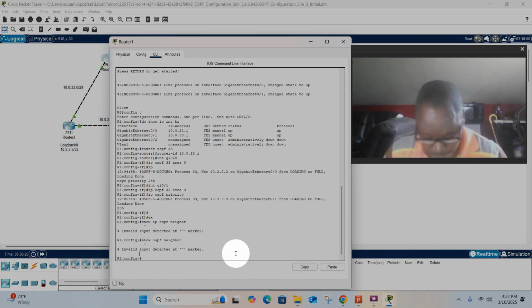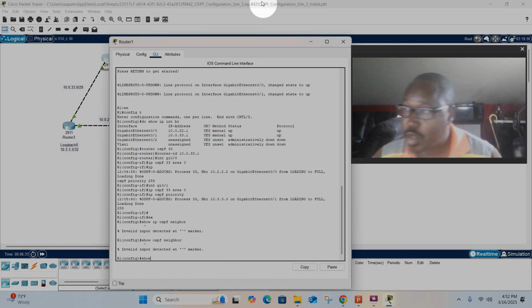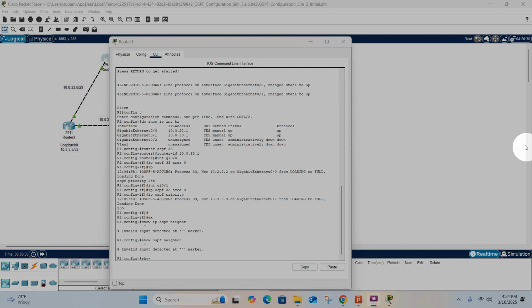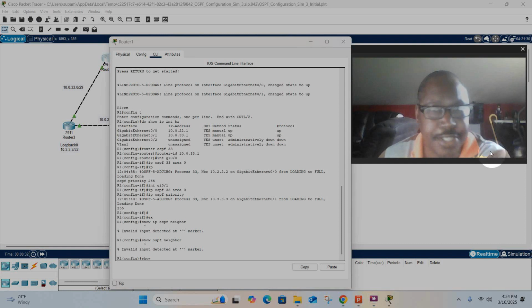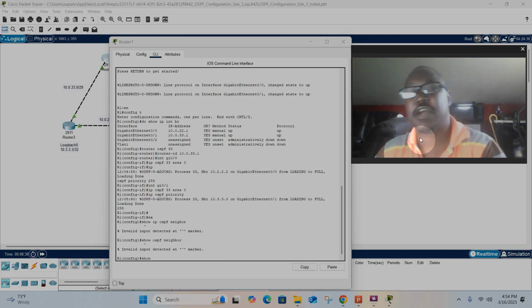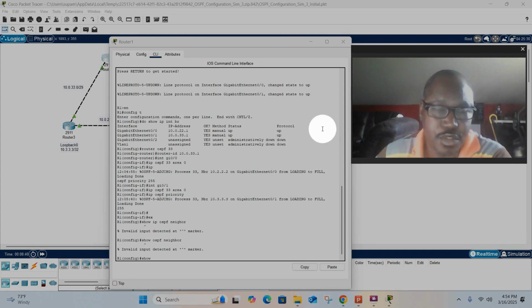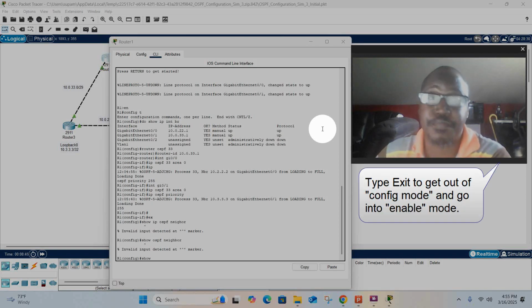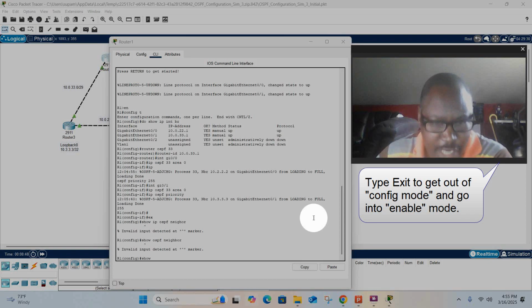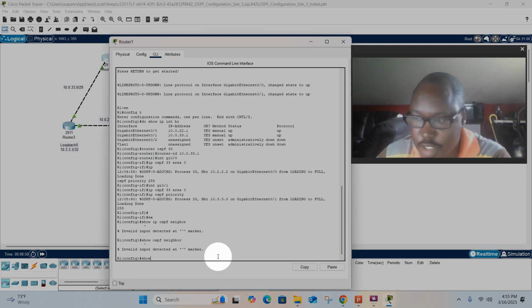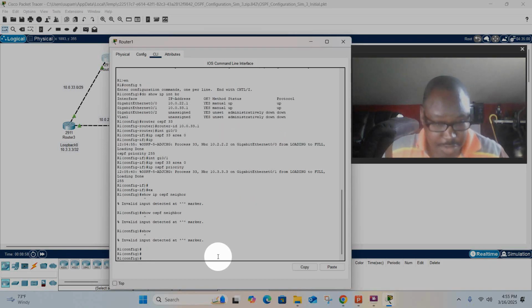I don't remember. Okay. I'm drawing a blank on this command. I'm going to have to use the help menu. But what we want to do is verify that we have OSPF configured. Now, normally you would use that to see if you have configured on all three routers. Cannot remember the command, so it'll come back to me. Oh, I know why. I have to exit.